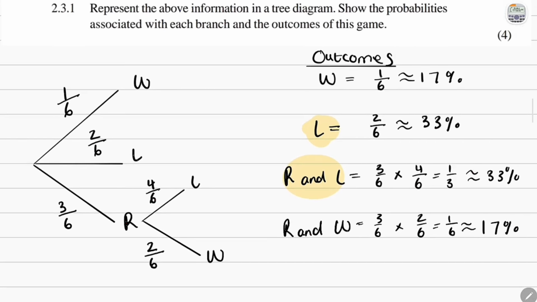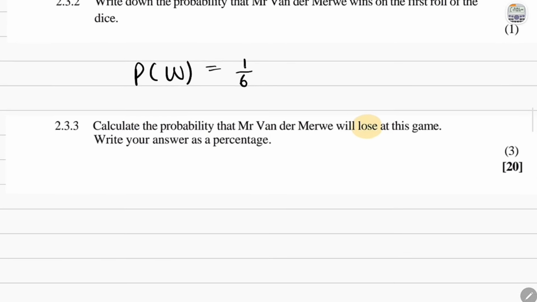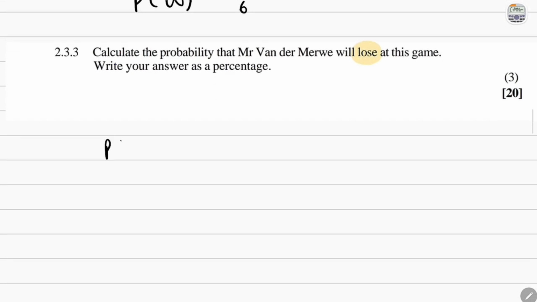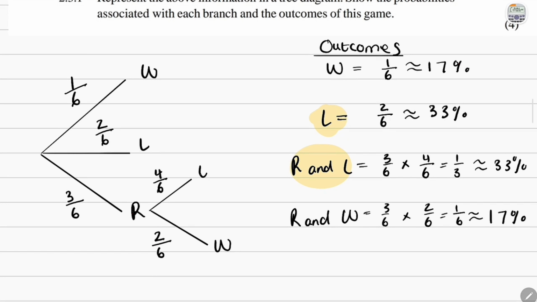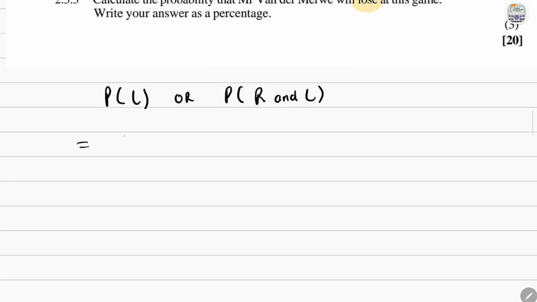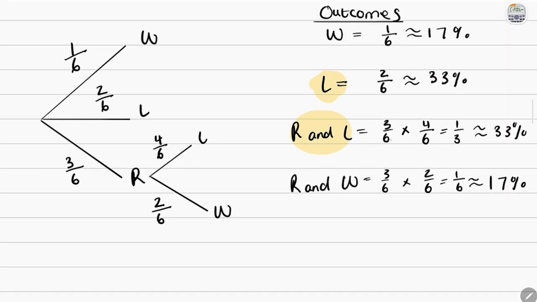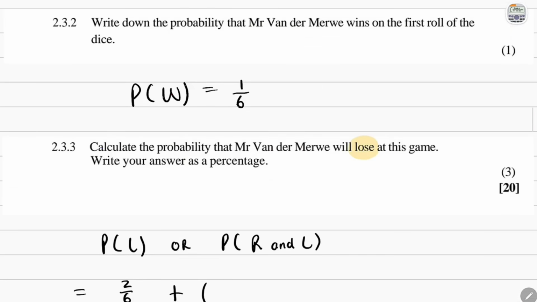And so let's go ahead and take these amounts and we're adding it. So I'll just write it out first. We're saying this is the probability of losing or probability of rolling and then losing. Probability of losing straight away was 2/6, and then this one is 1/, I'll just put the full calculation. So this was 2/6, and then we're saying plus, and then rolling and losing, that is 3/6 times 4/6.